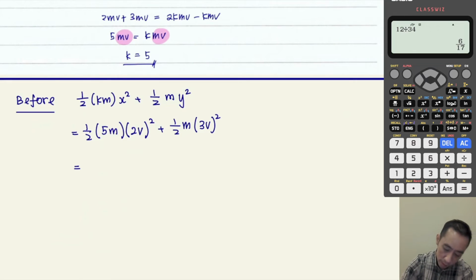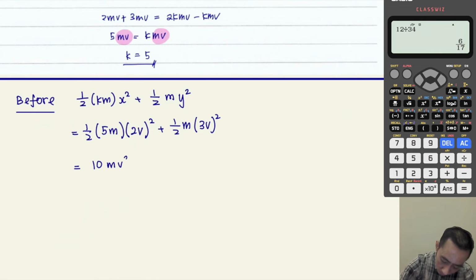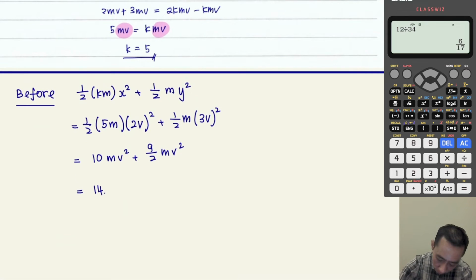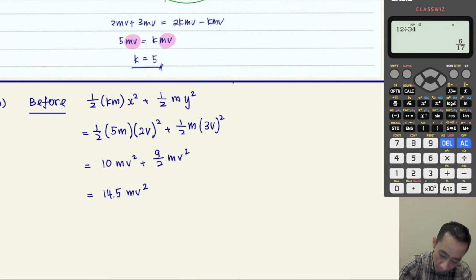So for this one, just calculate. 2 squared is 4, 4 times 5 times 1 over 2, so here I have 10. So this one is 10 mv squared. And then for this one, 3 squared is 9, so it's 9 over 2 mv squared. So 10 plus 4.5 is 14.5. So this is before.